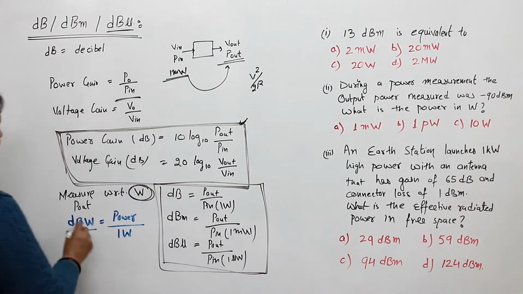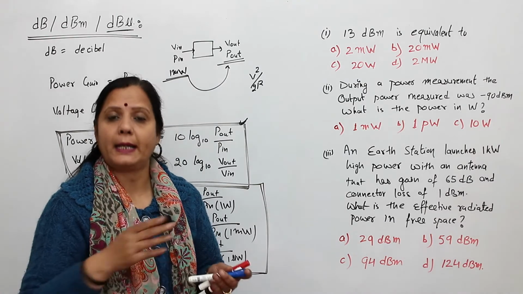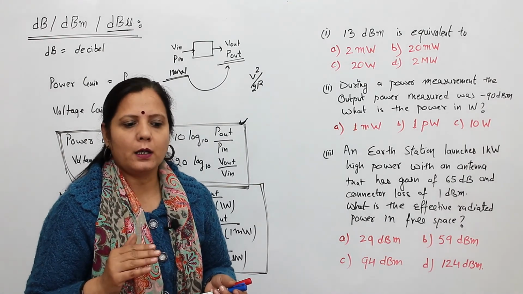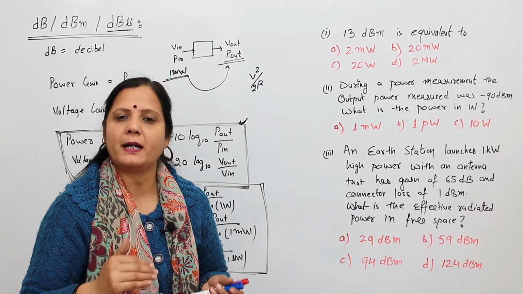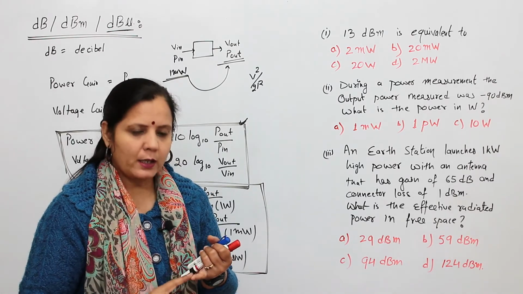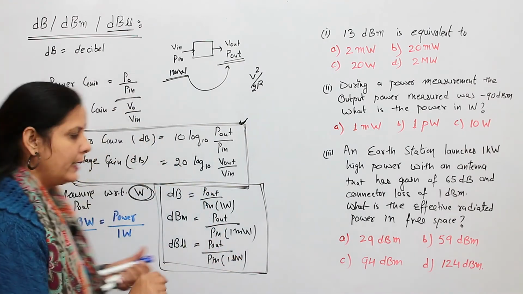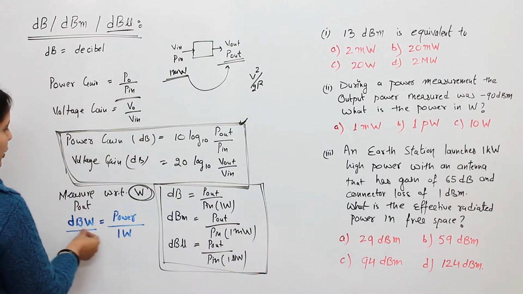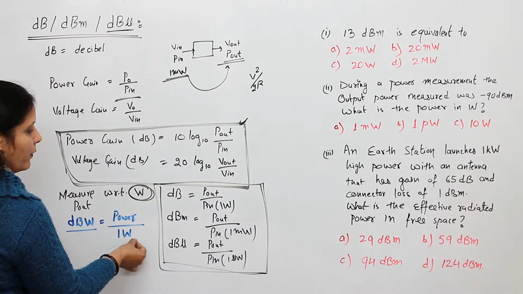Again, in this case we are not discussing power gain, or any concept of gain. Simply, our power level is compared with different reference levels. If you are comparing your power level with respect to a watt, then you will define it as dB watt. Your power in watt is compared with 1 watt.